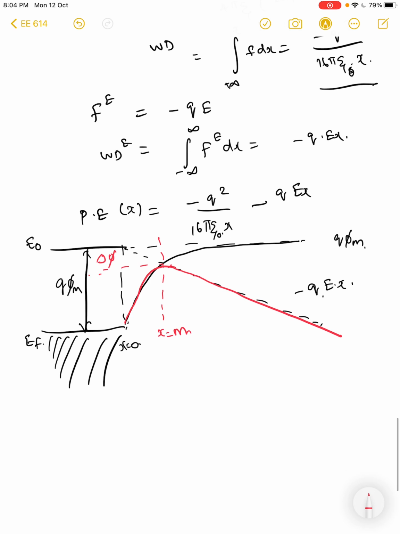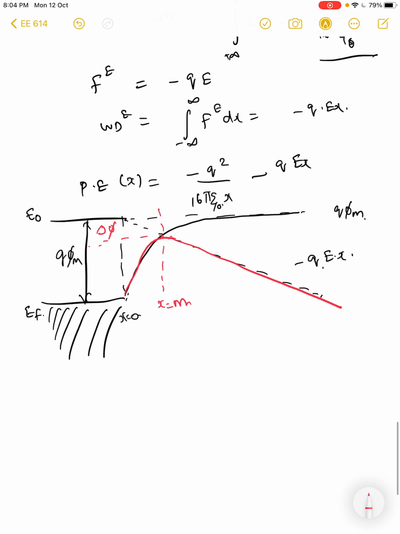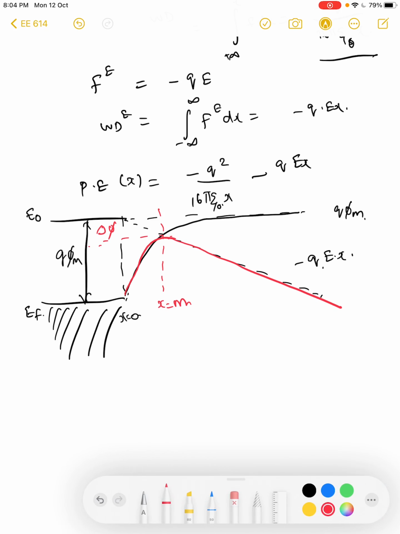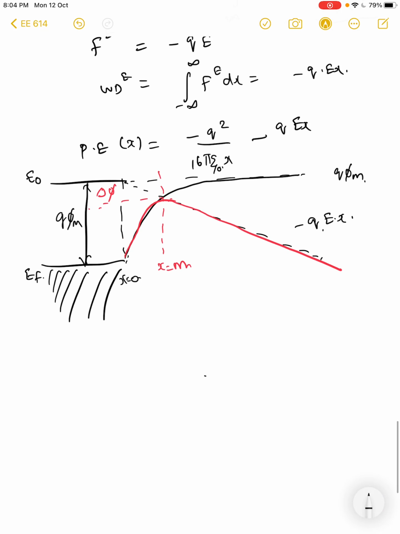And this suppression basically turns out to be, which happens at x is equal to xm, root 2e proportional to the electric field, right?